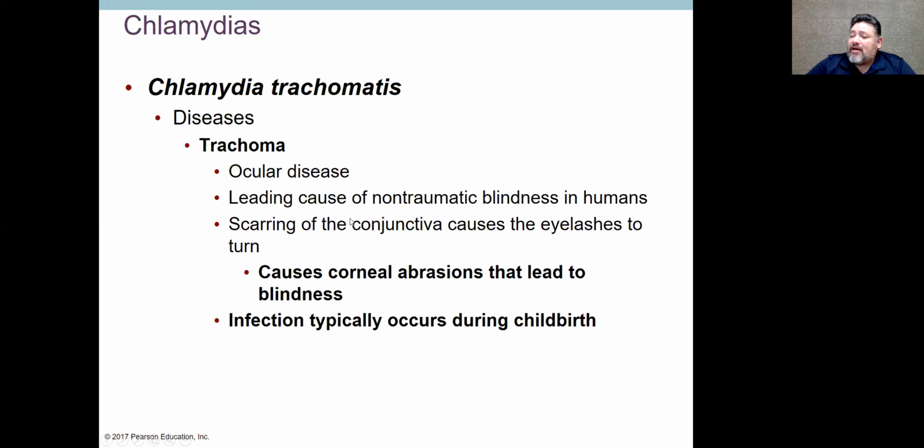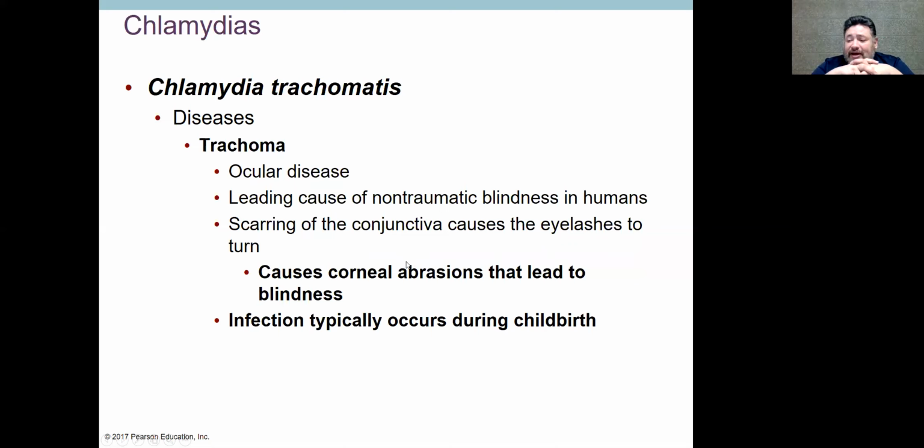If we go to chlamydia trachomatis, now we're talking about problems that it causes with the eye. So particularly in neonatal events, when a child is being born, this can be passed to the eyes of the child.